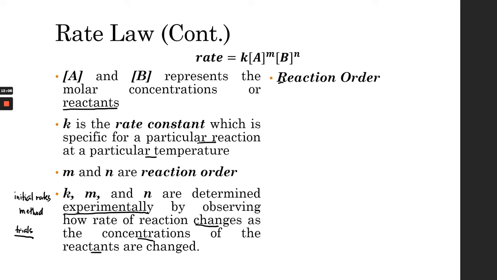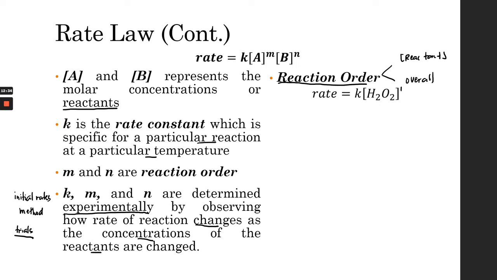In reaction order, there are two things that you have to remember. There's the reaction order for each reactant, and there's also an overall reaction order. So let's take this example where you only have one reactant, and this reactant is raised to 1.